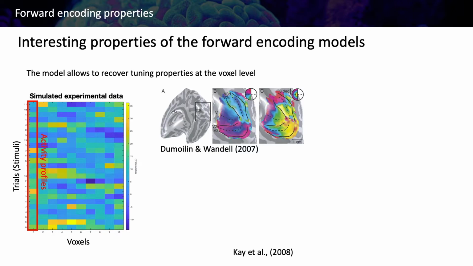Okay, some interesting properties of the forward encoding models are, for example, that you can decode activity at the neural or voxel level. Let's review some properties that could be tested with this type of model, and indeed Kendrick Kay did in their study.